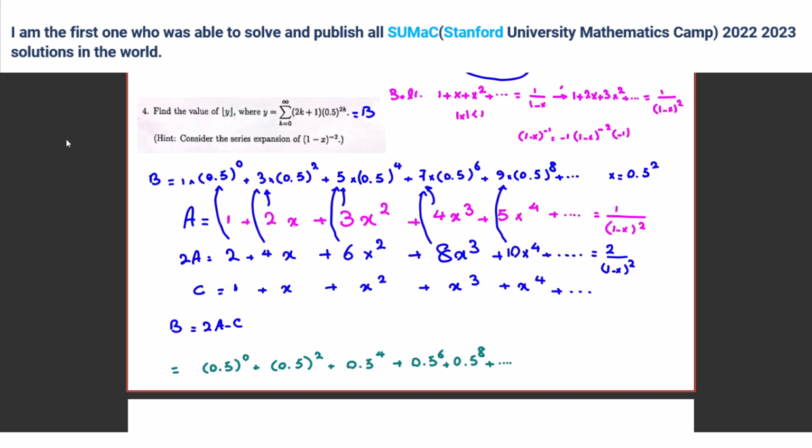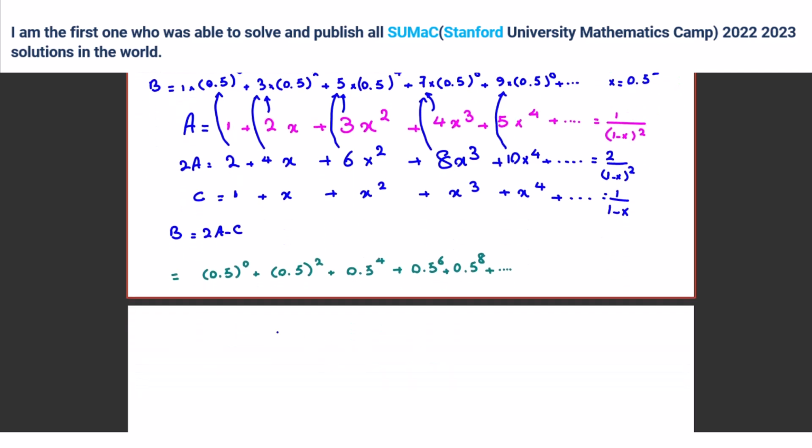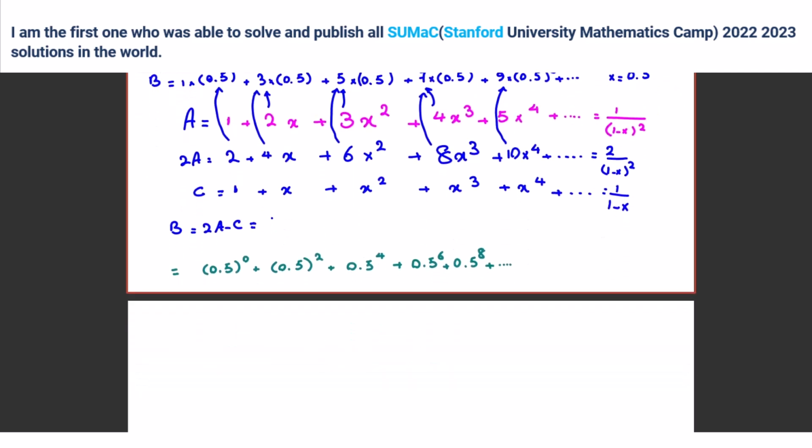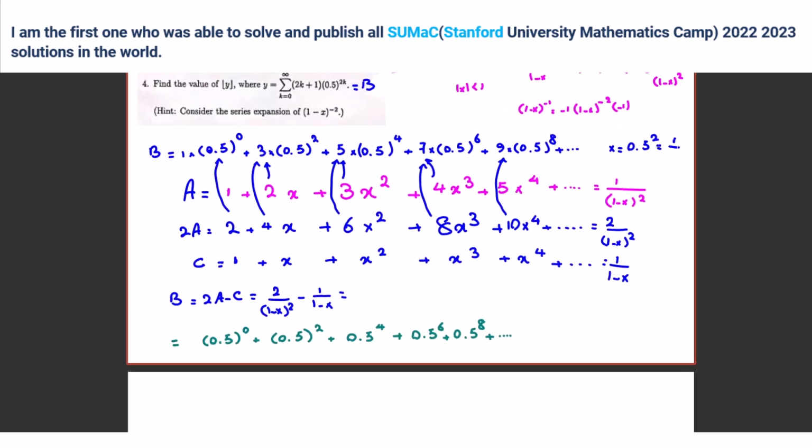Yeah. Okay, let's check. This one is 1 minus 1 over 1 minus x, right? So 2a minus c is 2 over 1 minus x whole squared plus 1 minus 1 over 1 minus x, right? And x, we said x is 1 half squared, so it is 1 over 4.